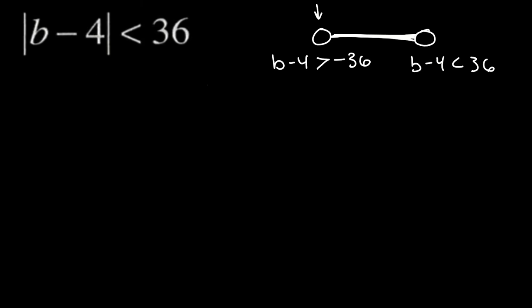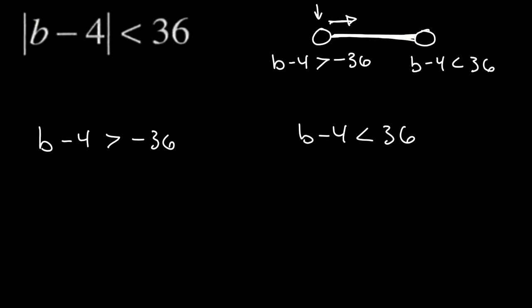So based on our discussion, b minus 4 has to be more than negative 36, because it's within this 36 range, and b minus 4 has to be less than positive 36.